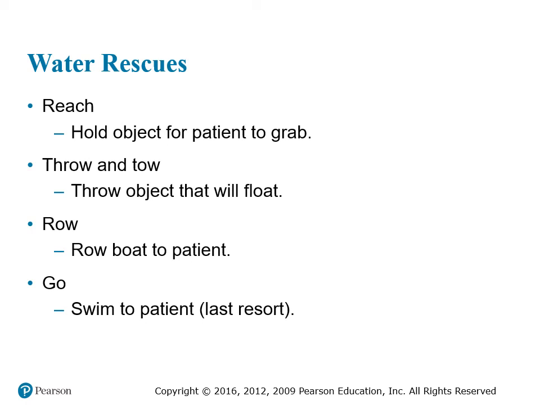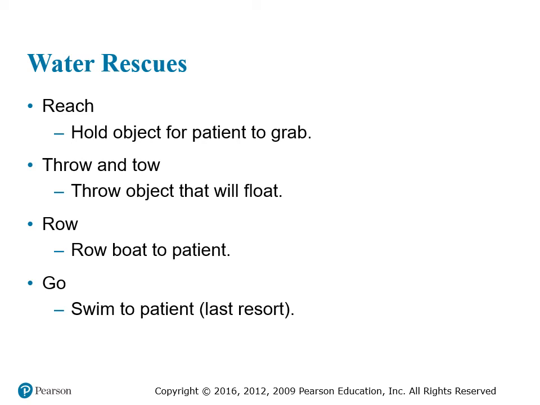Next one, obviously, if you've got a rowboat, why don't you row that boat on over to the patient, and then as a very last resort, you go. Right, you swim to the patient. This is dangerous because people that are drowning are often panicked. They may overpower their rescuers, and all of a sudden, there's not just one person that's drowning; there's two. So that is your last option, to actually go.